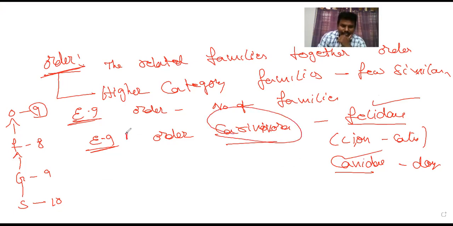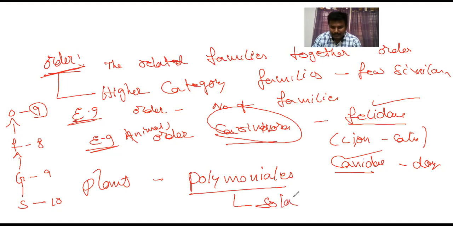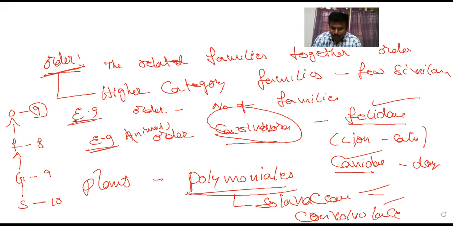This is in animals. In plants, the order Polemoniales includes families like Solanaceae and Convolvulaceae.